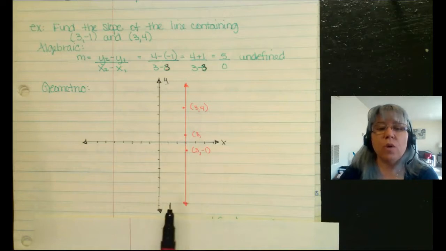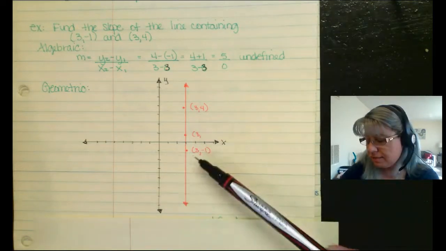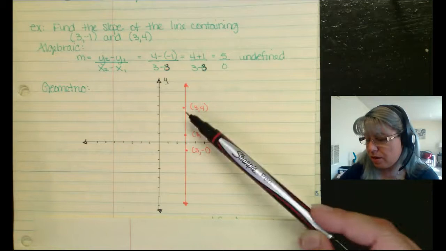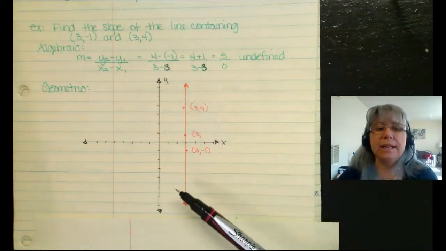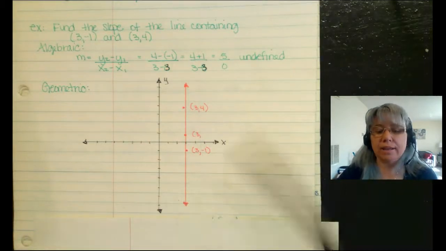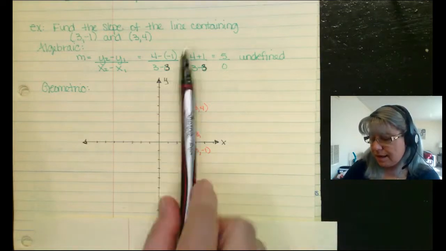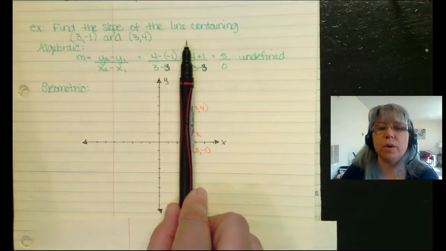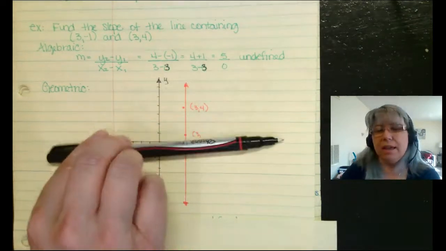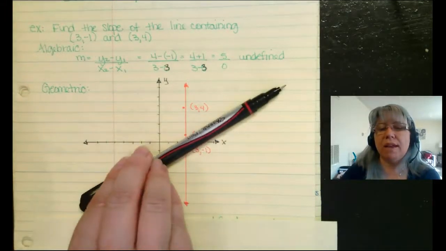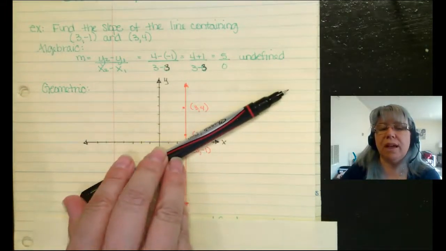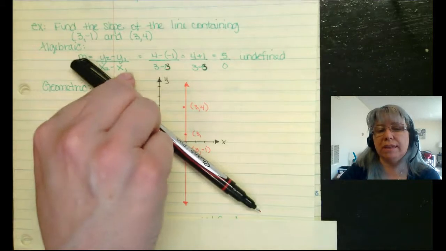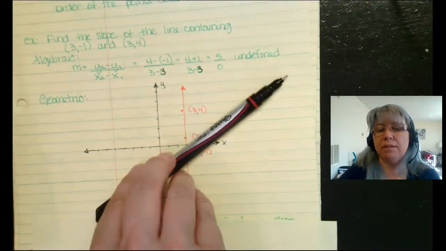When I draw my 2 points, 3, -1, and 3, 4, and I connect it, it's a vertical line. It's an absolute straight up and down vertical line, no slope whatsoever. Right? Think of it like this. Before, I've had a line like that, or like that, negative or positive.